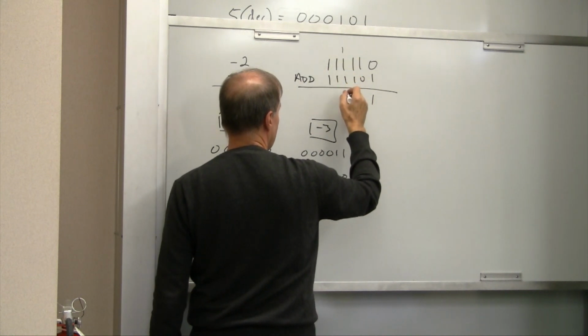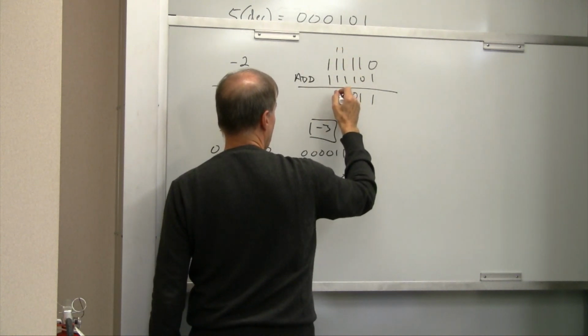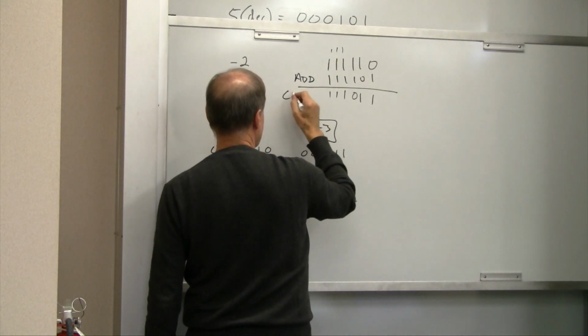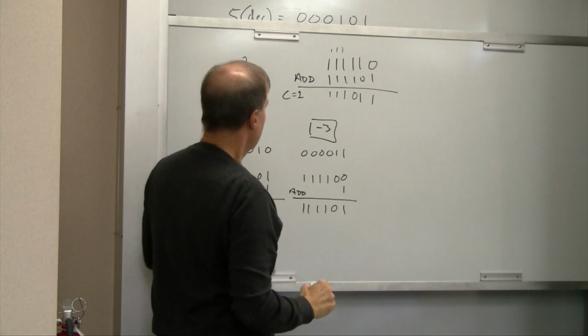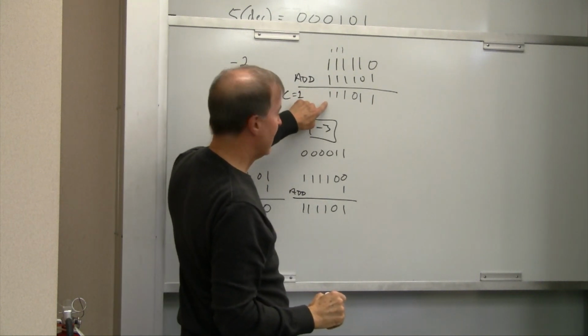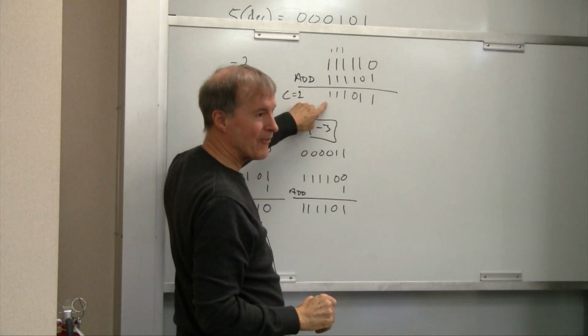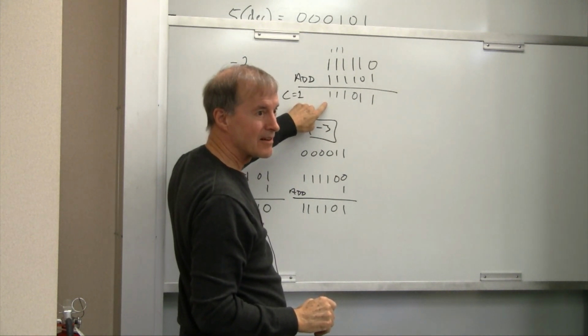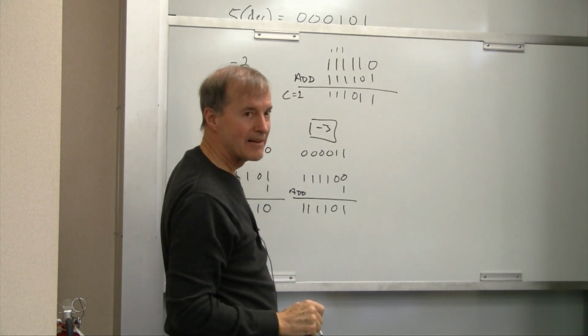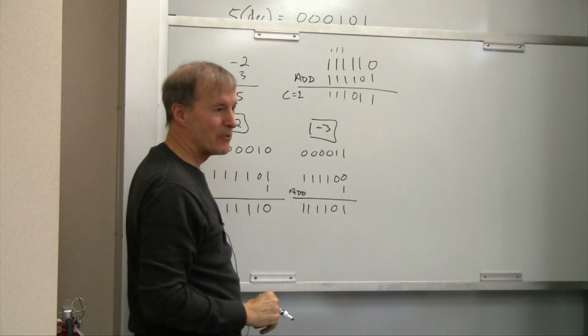Now what? 1 carry the 1, 1 carry the 1, 1 carry the 1. So what is C? 1. Oh, hey! Isn't this -5? Ta-da! It works. Does everybody see how that works?